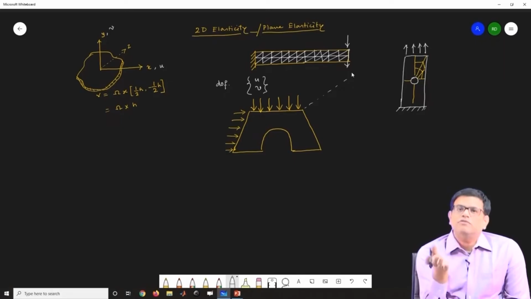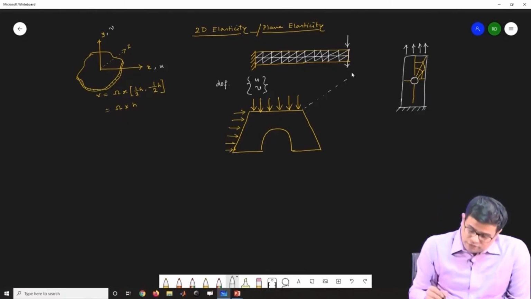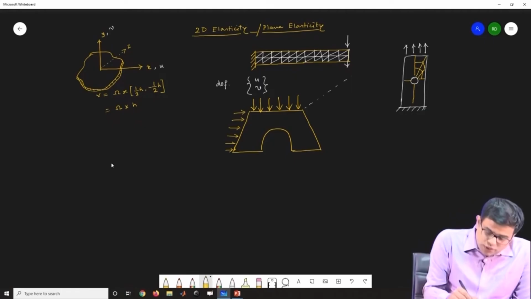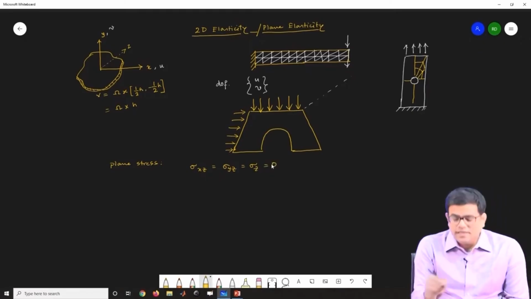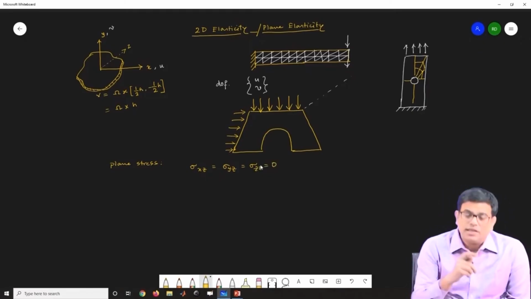So the basic assumption for 2D elasticity, the plane stress and plane strain problem: we all know that in the case of a plane stress problem, the criterion is that sigma xz and sigma yz and sigma zz are essentially 0.